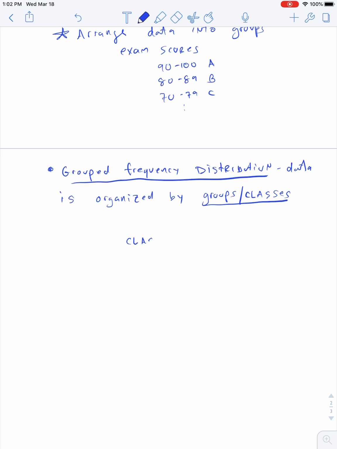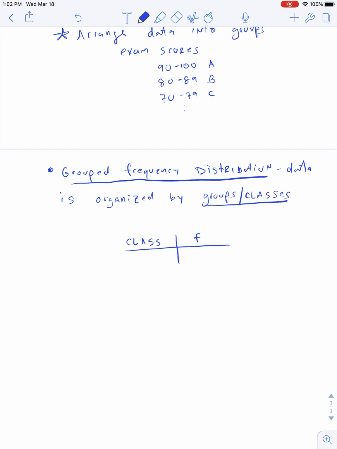So we would say class and then our frequency.